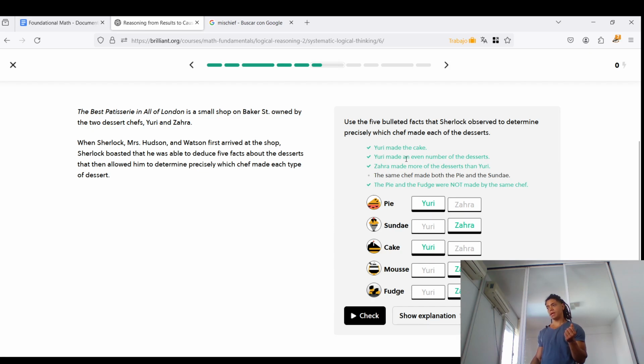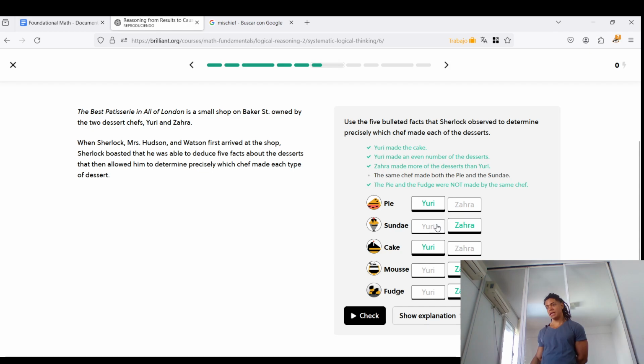So Judy made the cake. The same chef made both the pie and the sundae. But Judy made the cake. Interesting. Exactly.